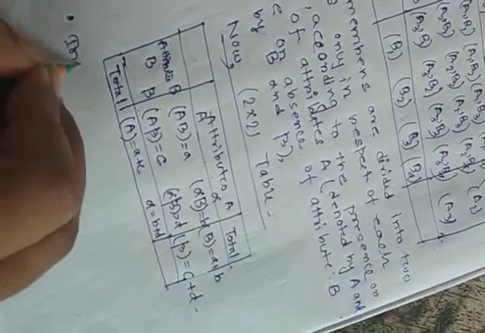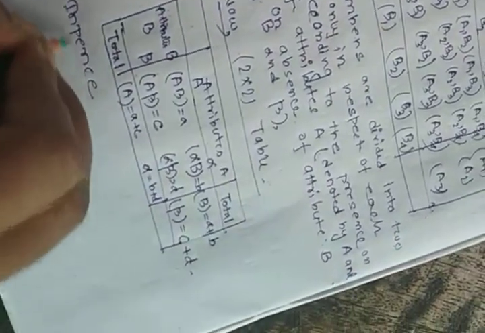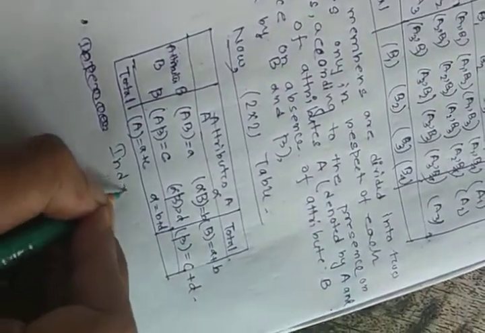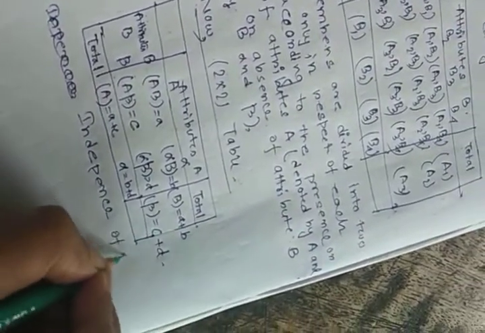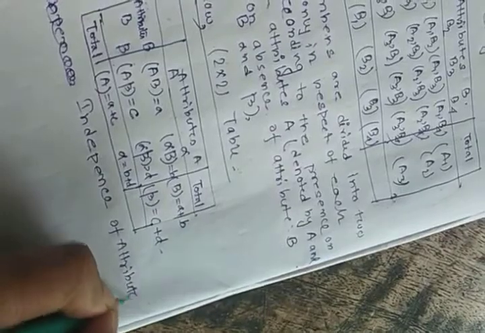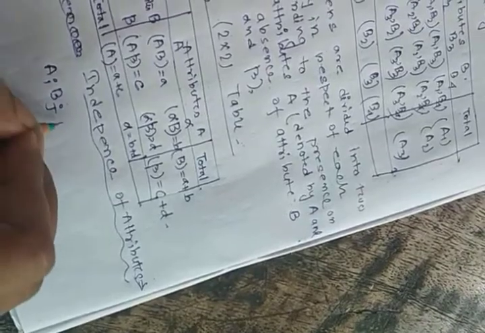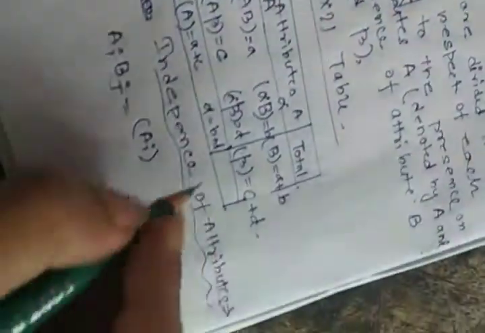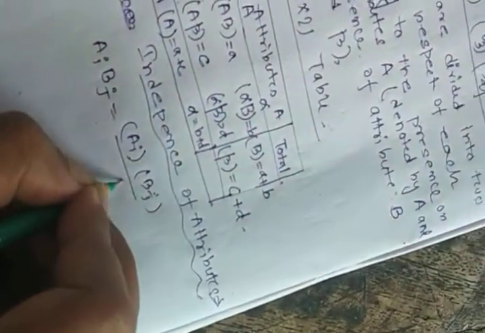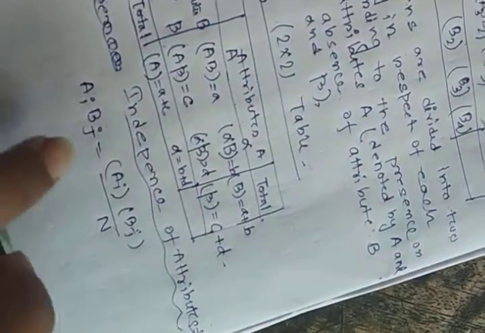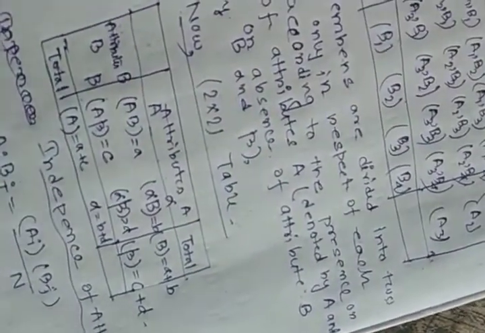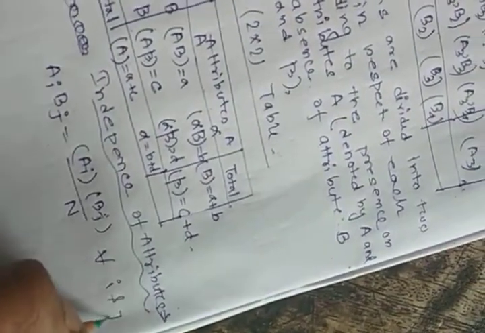Now our independence of attributes will be of the form (Ai Bj) equals (Ai)(Bj) by capital N, where i is the row number and j is the column number, for all i and j.